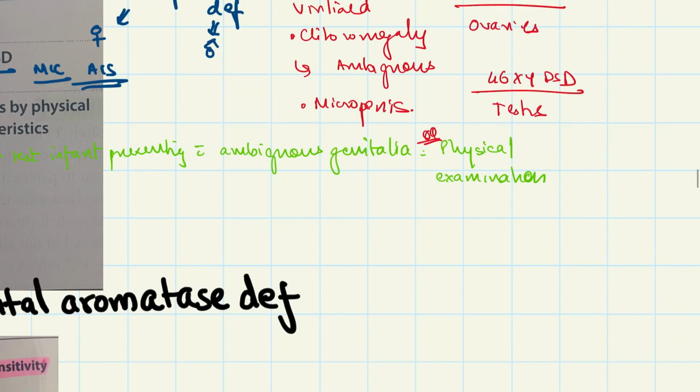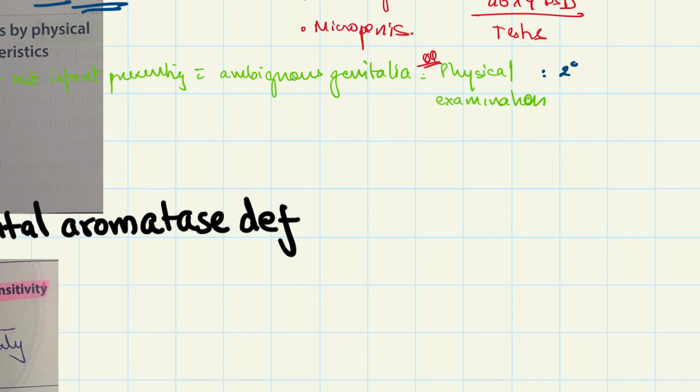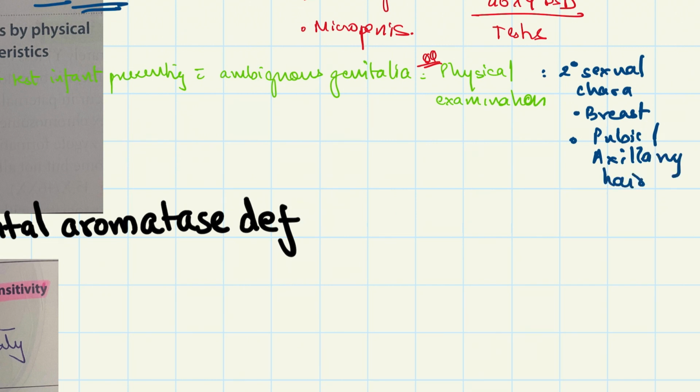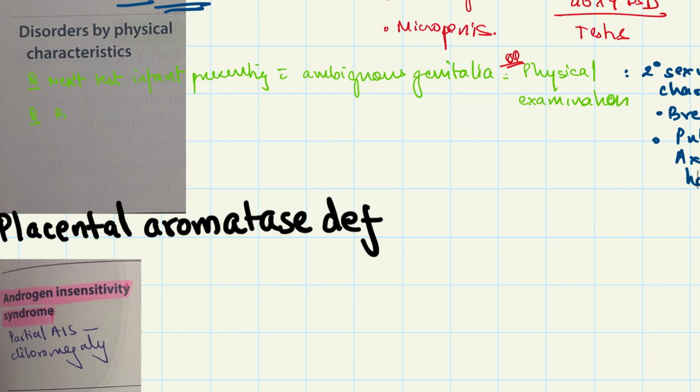On physical examination, you look for the secondary sexual characteristics like breast and pubic and axillary hair. If the question asks what is the best investigation, then the answer changes to karyotype. So, it is very important to read the question whether they are asking the next or the best investigation.